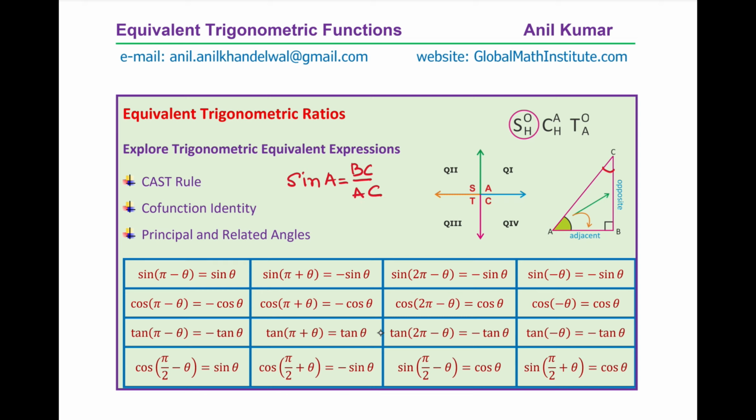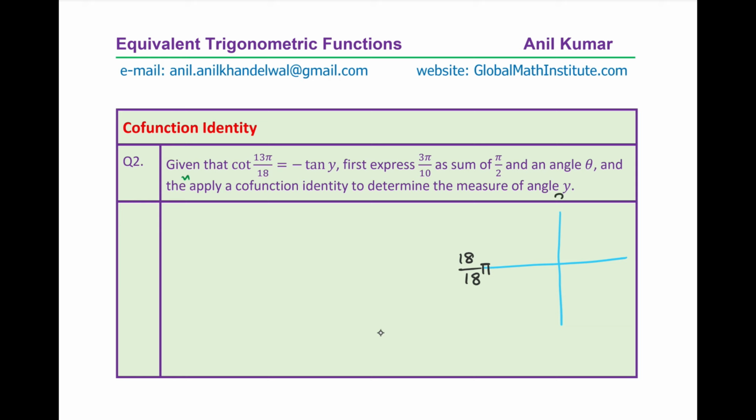When I'm saying 13 pi by 18, it really means what? It means we have divided the pi into 18 equal parts. So this is 18 over 18 pi, correct? That should be 9 over 18 pi. That is pi by 2, right? So we have 10, 11, 12, 13, 14, 15 like this, right?